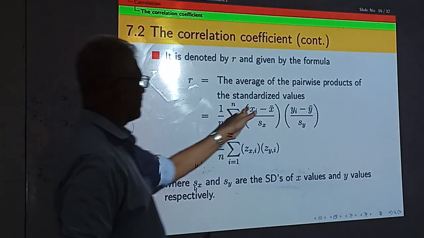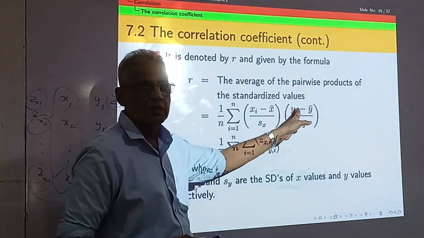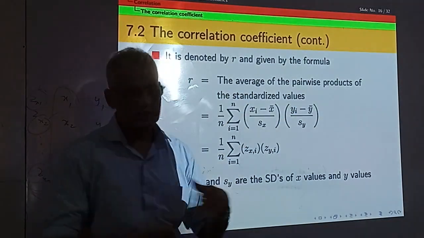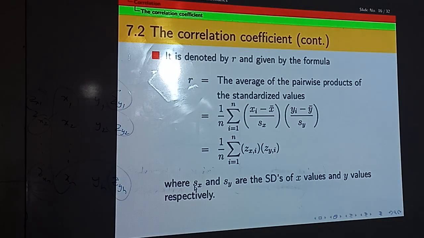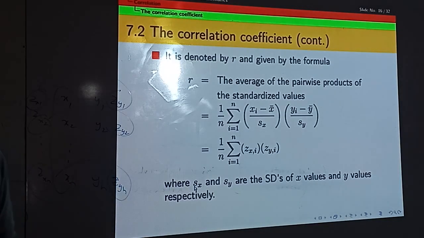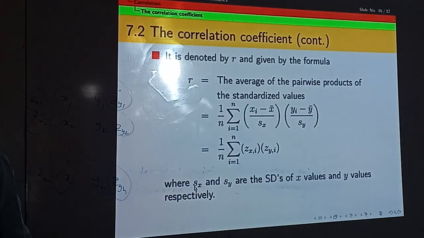For example, X can be in grams, kilograms, or Y can be in meters or centimeters, still R doesn't have any unit. So that's a good thing also, because we will see later on, it actually doesn't matter what scale, what unit you use, your R will be the same thing.